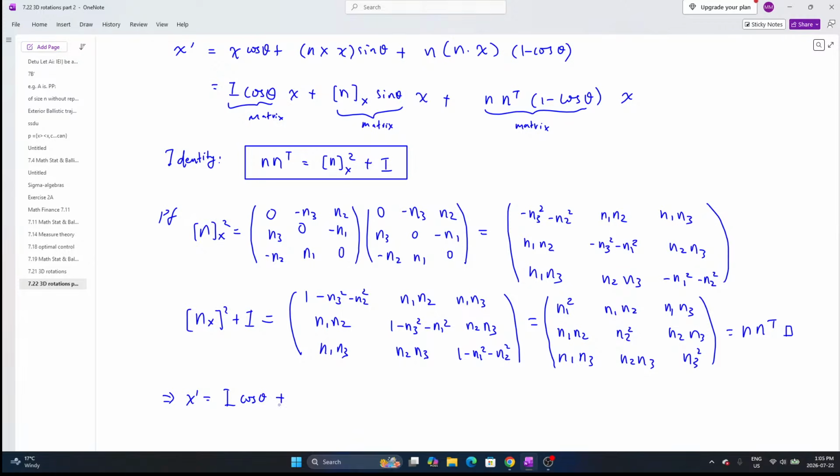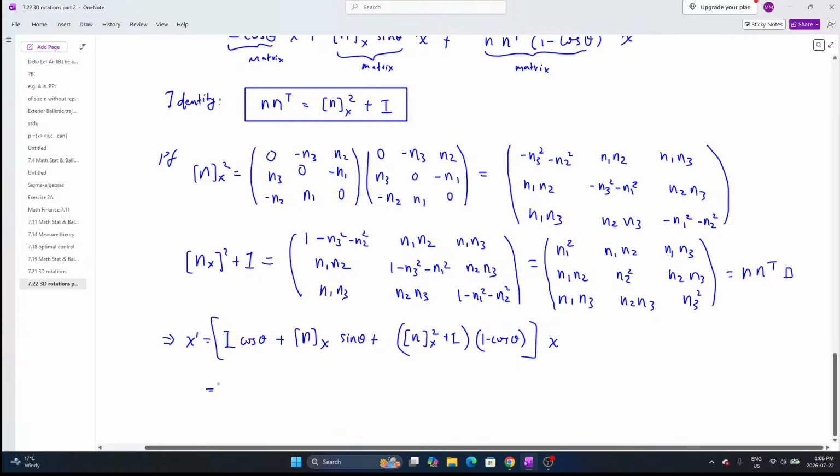I cosine theta plus the n cross product matrix sine theta plus, and now that n times n transpose is expressed in this new identity, you get the n cross product matrix squared plus I, times 1 minus cosine theta. Looks like we can do some simplification here. So that's the big rotation matrix.